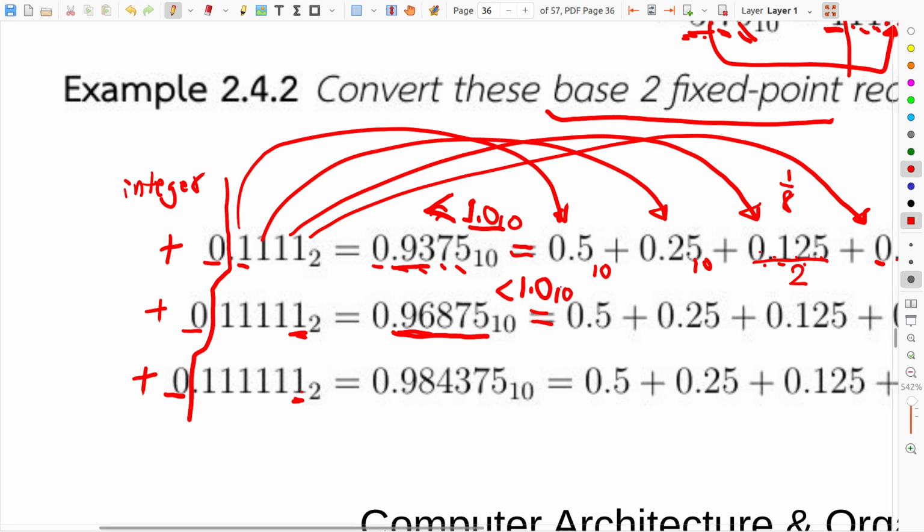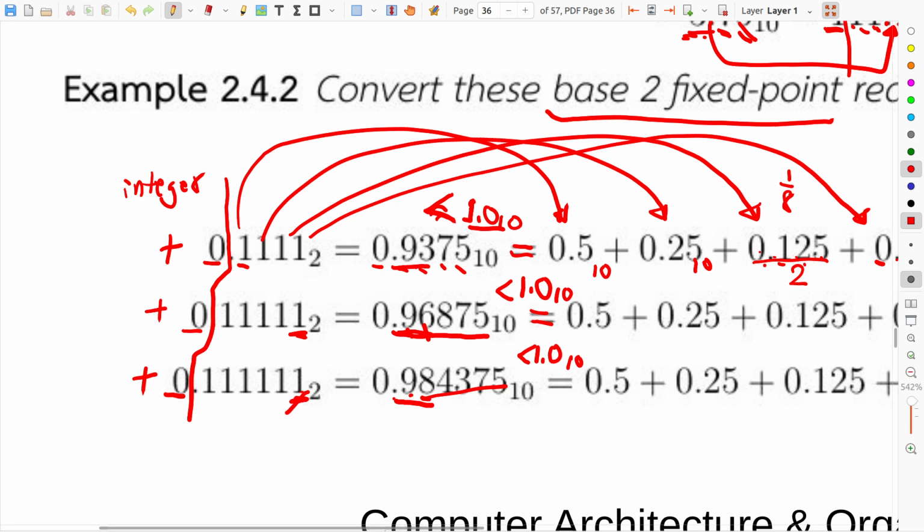Now we increase one more bit. As you can see, it's 0.98, but earlier it was 0.96. It's getting closer to 1.0, but still less than 1.0 base 10.